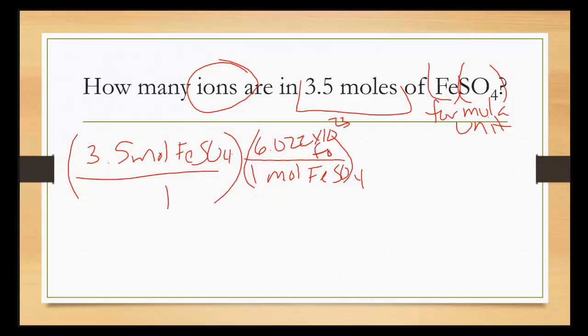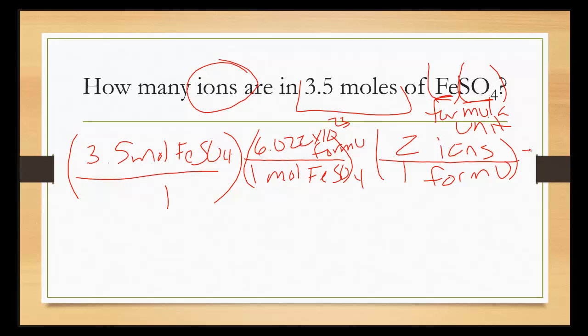And then each 1 formula unit, there's 1 iron and 1 sulfate, so I have 2 ions. So 3.5 times 6.022 times 10 to the 23rd times 2 comes out to be 4.2 times 10 to the 24th.